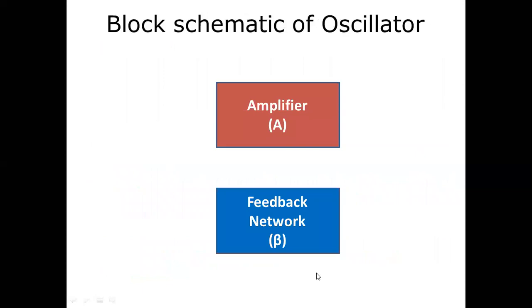This is the block diagram of an oscillator, which has only two components, the amplifier and the feedback network.